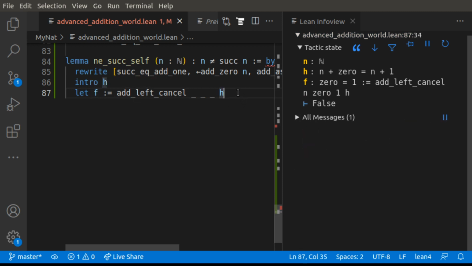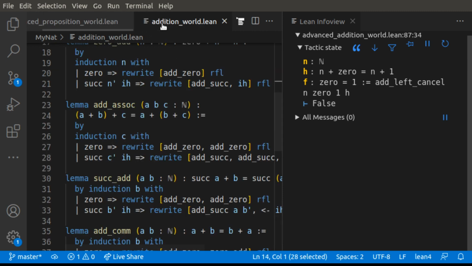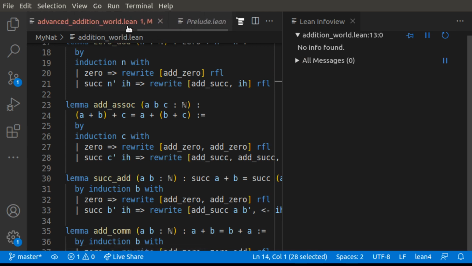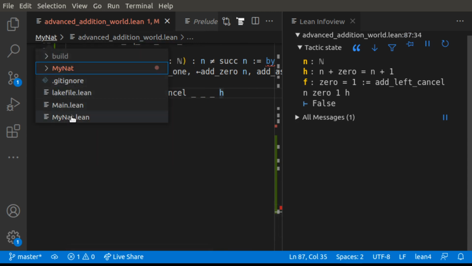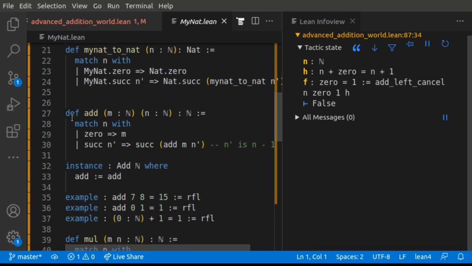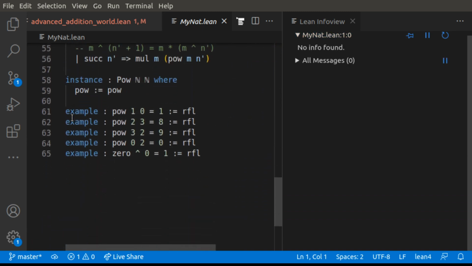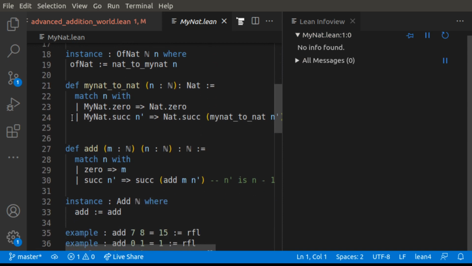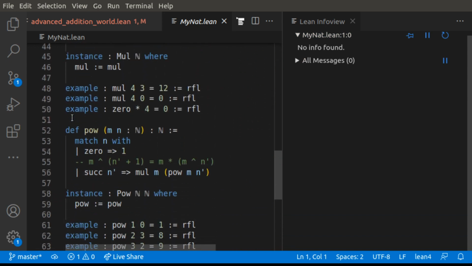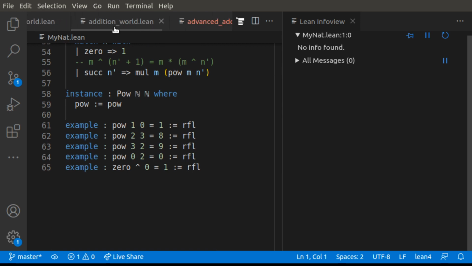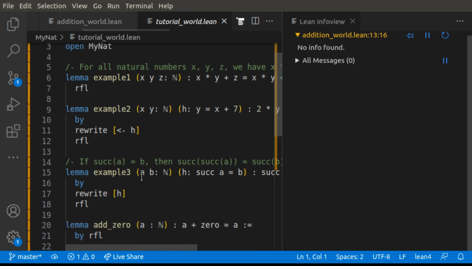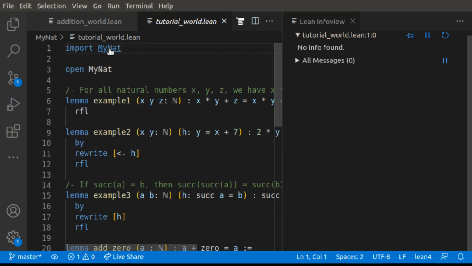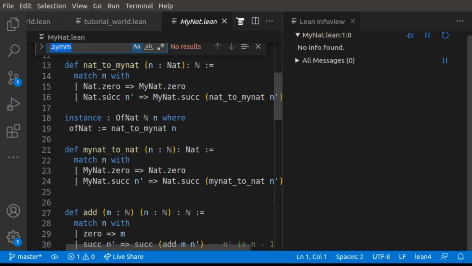Our goal is false. Well, 0 does not equal 1. Do we have that in addition world? No, in where do we have that? Where is our proof that 0 does not equal 1? Where do we even have 0 and 1 in addition world? Tutorial world, maybe? Add 0, add 1.